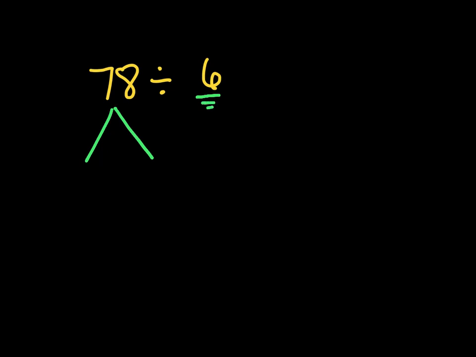So what can I pull out of here? I can pull out 6 tens, and that gives me 60, and then 18 is left, because 78 minus 60 is 18.